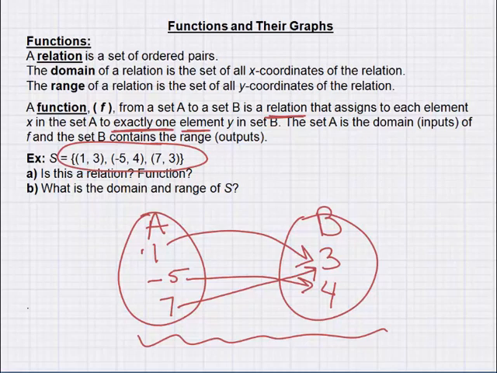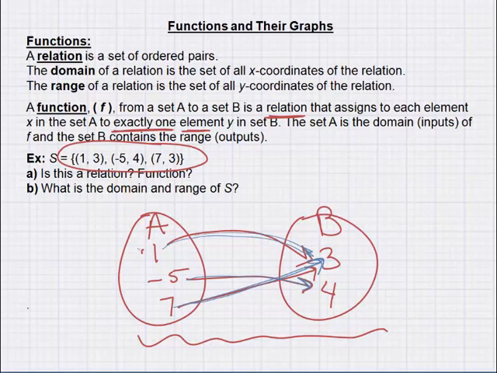Now, a lot of people might say no because of the 3. 1 goes to 3 and 7 goes to 3. But does this one go to exactly one? Yes. Does this go to exactly one? Yes. Does this go to exactly one? Yes. So does each element in set A get matched to exactly one element in set B?